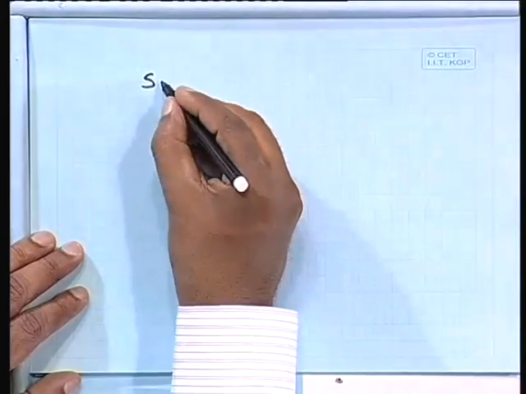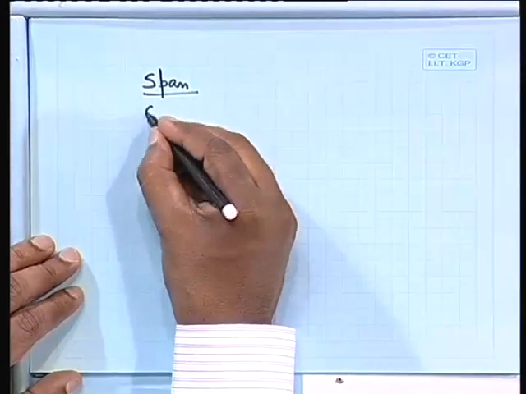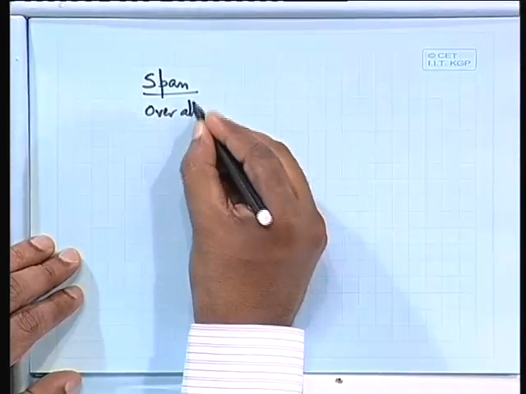Sometimes the span by depth ratio may mislead you. So, even then we take it as a first assumption. In our case, though it is given as 35, let us take span by overall depth itself.